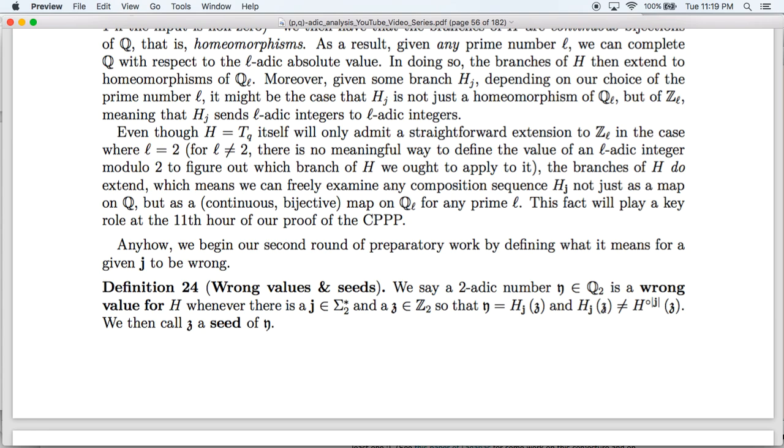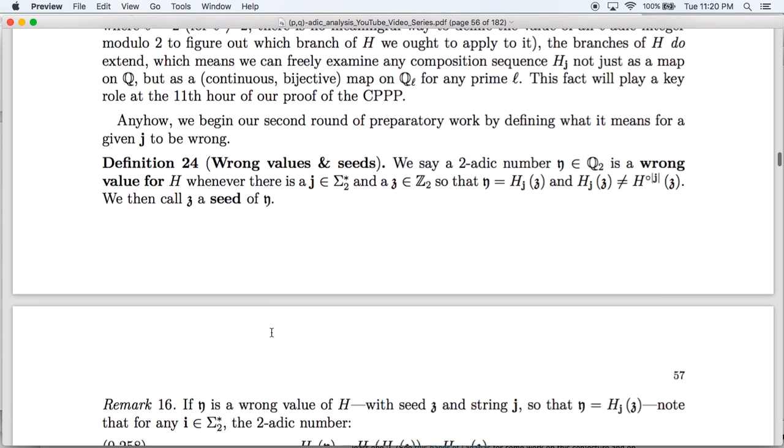That is to say, wrong values are numbers that we get by applying a sequence of branches to z other than the ones that z itself would dictate. I then call z the seed of y.